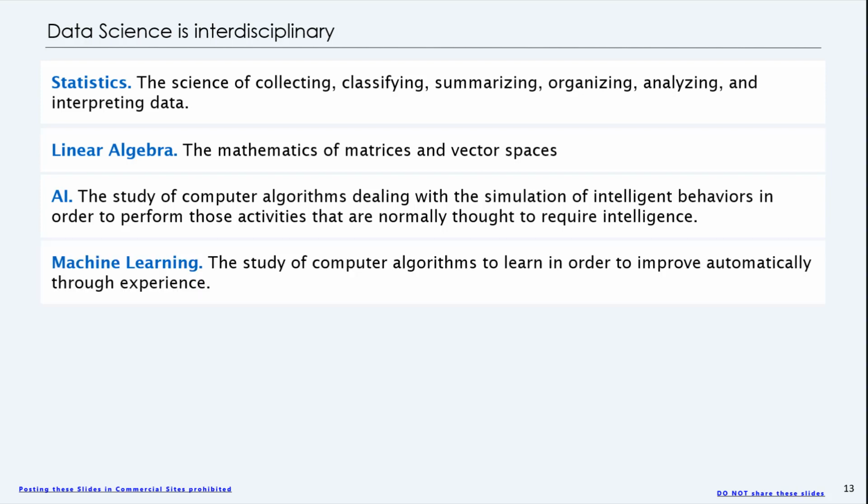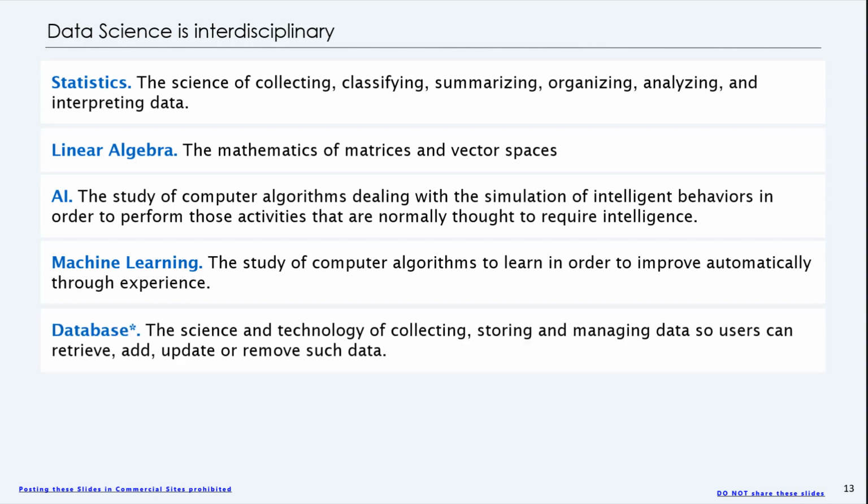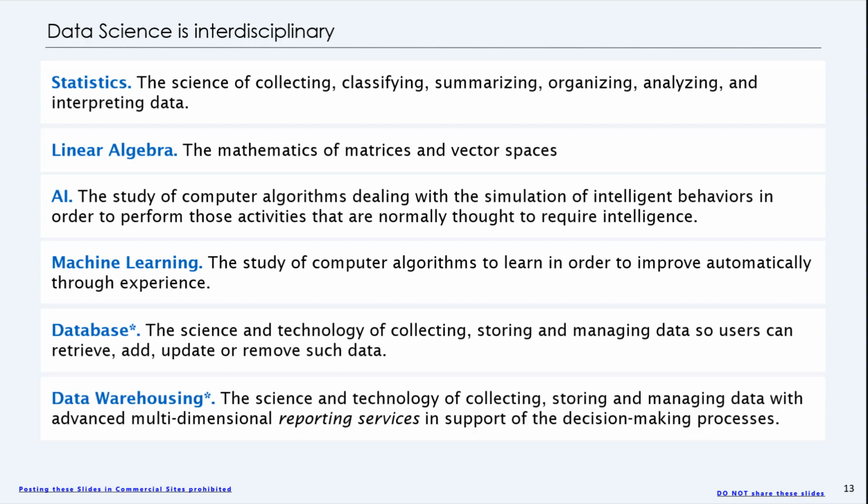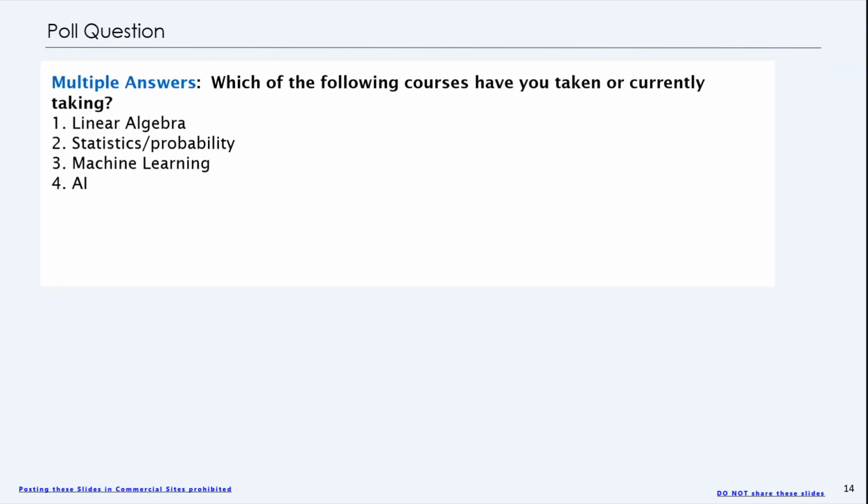Then machine learning is the study of computer algorithms that learn in order to improve automatically through experience. So databases, the science and technology of collecting, storing, managing data so users can retrieve, add, update, remove such data. As well as data warehousing, the science and technology of collecting, storing, managing data with advanced multidimensional reporting services in support, and so on.